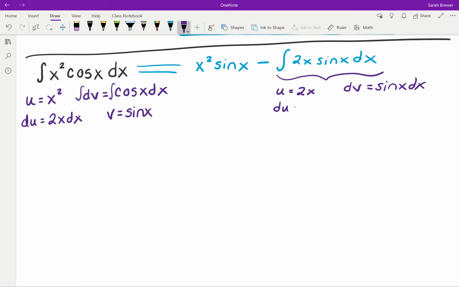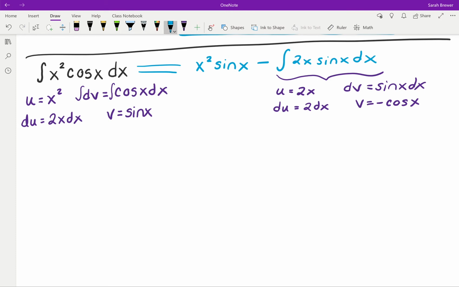So my du here is 2dx, and my v, well, the integral of sine is negative cosine, right? Because the derivative of cosine is negative sine. So we want to be careful about that negative.